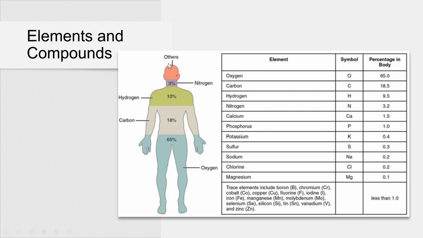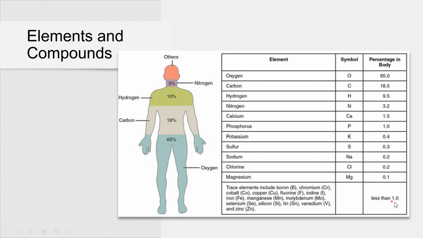And then you have other elements, like you can see in this table, like calcium, phosphorus, potassium, sulfur, chlorine, magnesium, and so on. This is a small amount of microelements, but they are still very essential for your body functions.